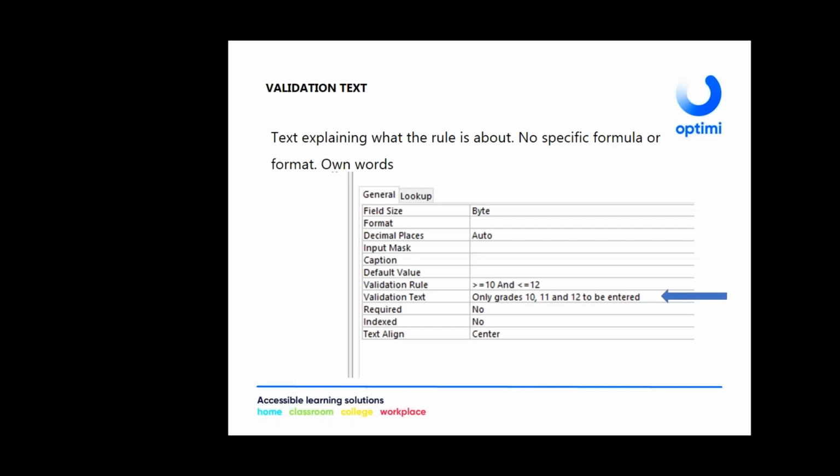And there you can see I've typed in the validation text, only grades 10, 11 and 12 to be entered. There's no specific formula or language for that, so you can even type it in Afrikaans if you like, as long as it explains what the validation rule is about. So if the secretary enters a 9 in datasheet view, then this text message will appear, and then she knows what she's done wrong. So that is very important.